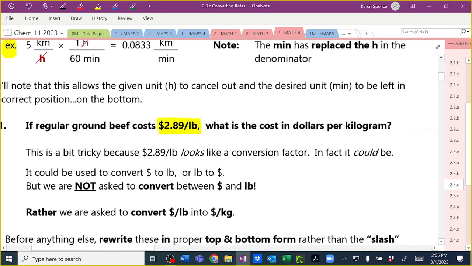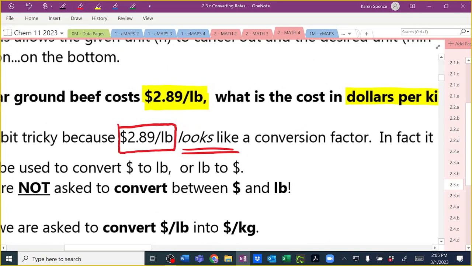What is the cost in dollars per kilogram? This is a little bit tricky because $2.89 per pound could look like a conversion factor. Yeah, you got 2 units involved there.